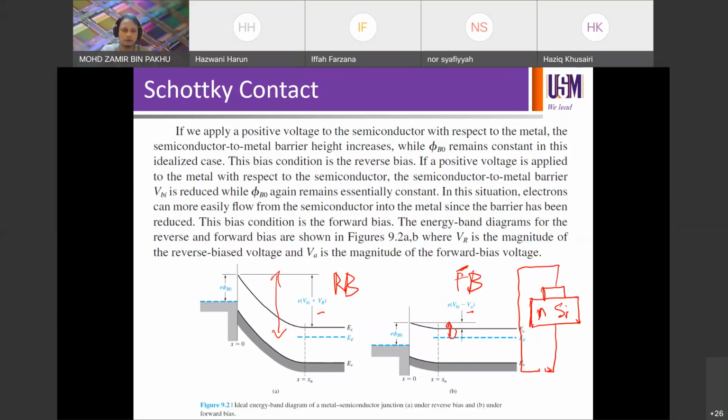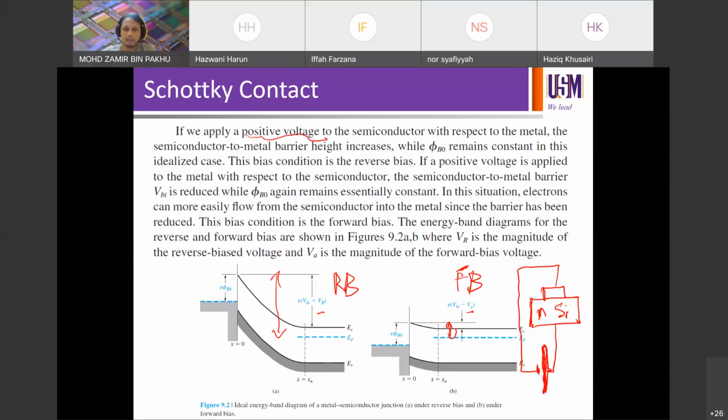So if you're talking about reverse bias, let's see. If you apply a positive voltage on the semiconductor with respect to the metal, let me just exaggerate.